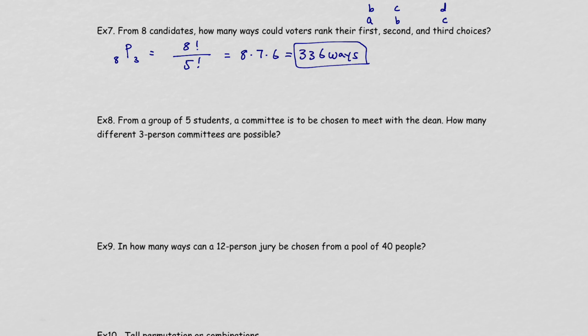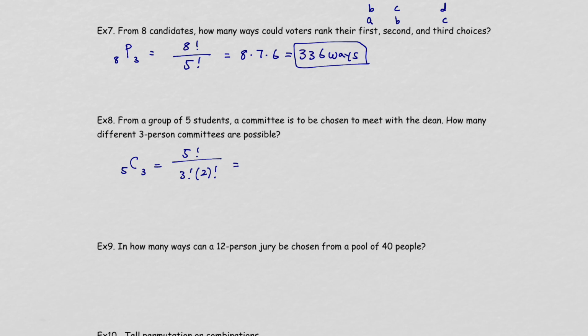So then it will be the combinations. Out of 5, you're picking 3 students: 5 factorial over 3 factorial times 5 minus 3, which is 2 factorial.